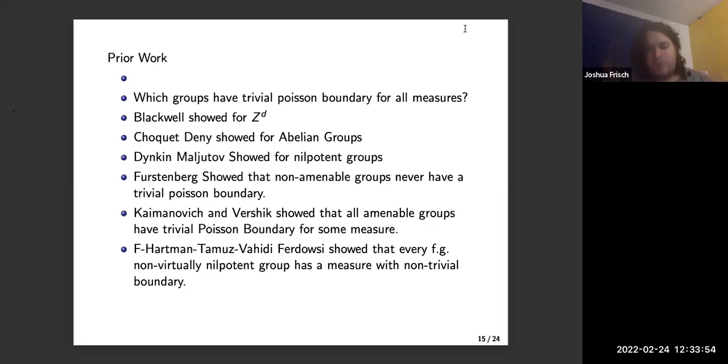So we really do have a good understanding of this question if we look at the class of all measures by this point. We know when you always have a trivial boundary, we know when you sometimes have a trivial boundary, and we know when you never have a trivial boundary. And I should say, for people who are not group theorists, non-amenability is a quite powerful strengthening of having exponential growth.